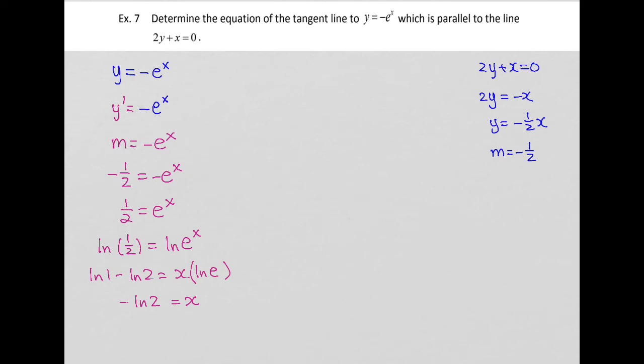So we have the slope, we have the x, but in order to find the equation, I also need to find the y value. So we're going to substitute the x value, which is negative ln 2, into our function, y equals negative e to the power x, to find y. So y will be negative e to the negative ln 2.